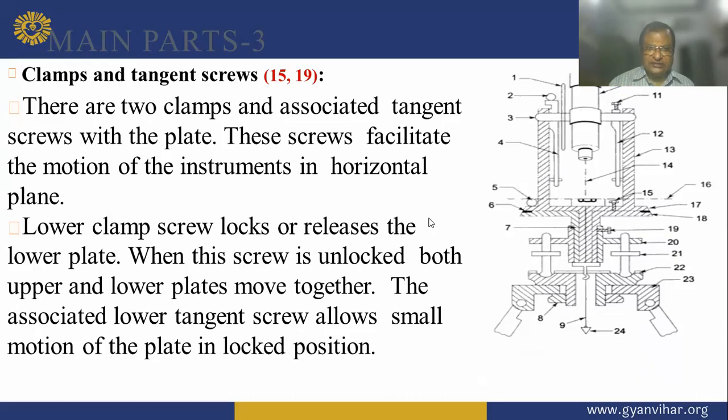So the lower clamp screw locks or releases the lower plate. When the screw is unlocked, both upper and lower plates move together, and the associated lower tangent screw allows small motion of the plate in the locked position.